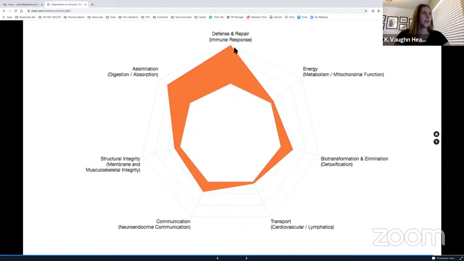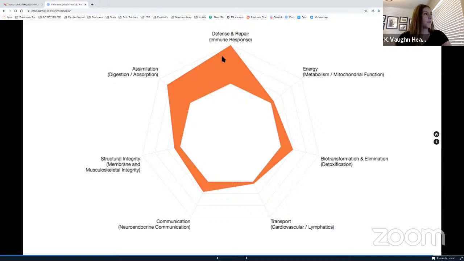This patient right here has a large response to defense and repair, meaning that this is where we're going to want to focus a lot of our attention at first to try and go in there and see how this inflammation is impacting their immune response, how we can decrease that inflammation, help rebuild a healthy gut so that these inflammatory responses aren't constantly firing off, and just really get their immune response back down to a healthy level. We want our matrix to look more uniform. We don't really want it to be all over the place.